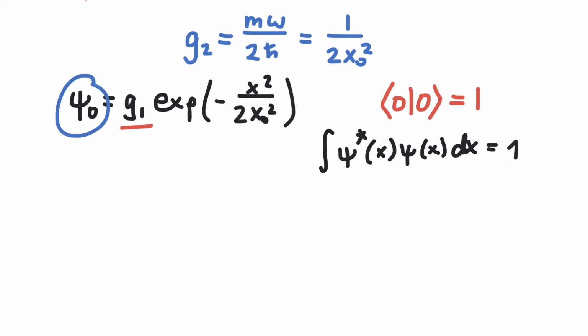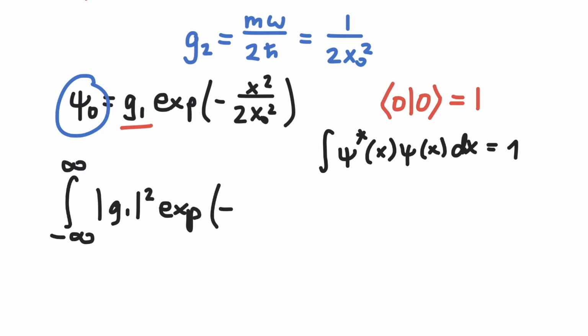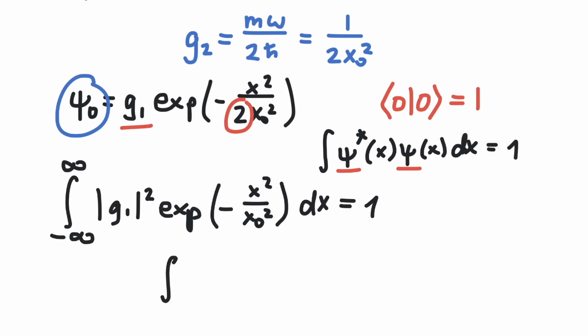For our ψ0, this means that the integral from minus infinity to plus infinity of |g1| squared and the exponential function of minus x squared over x0 squared dx has to be 1. There's no factor of 2 anymore because we multiplied two sides together. This is a very important kind of integral that you should really know by heart.